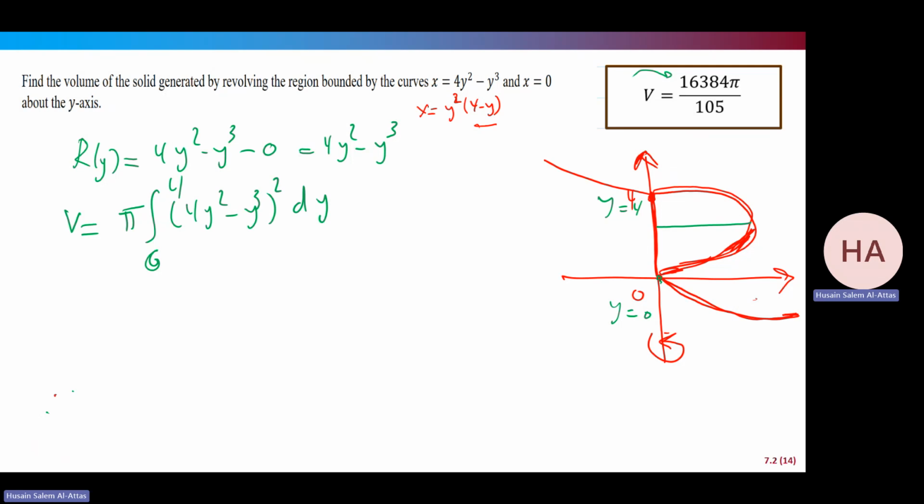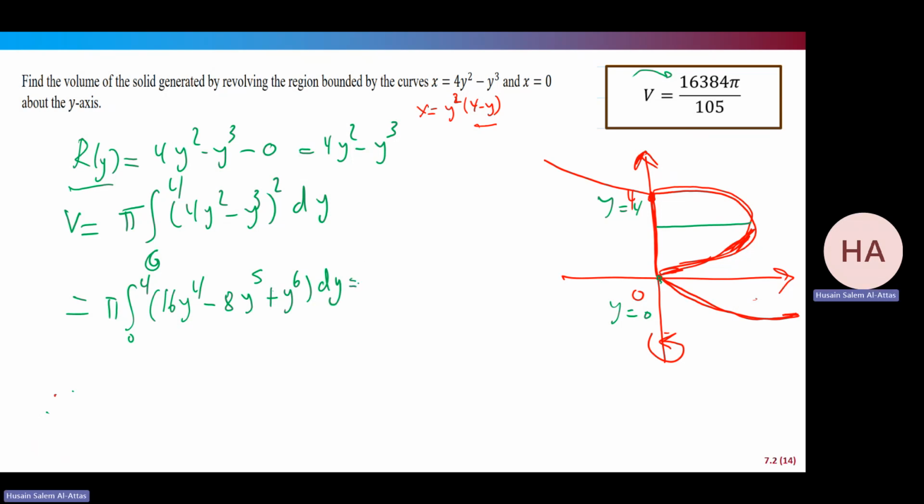I have my r squared. This is my r of y. I need to square it. Okay, now we'll do the calculation. 0 to 4, that will be 16 y to the power 4 minus 8 y to the power 5 plus y to the power 6 dy.